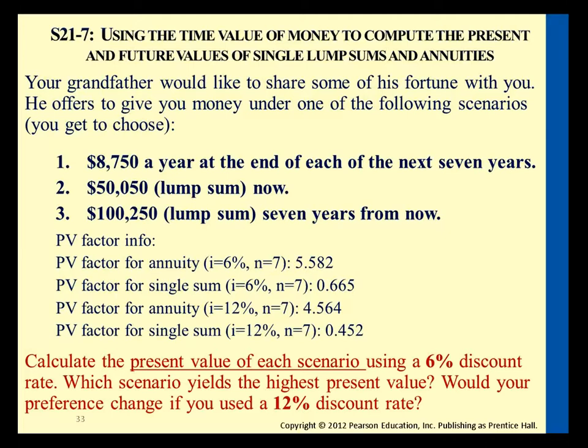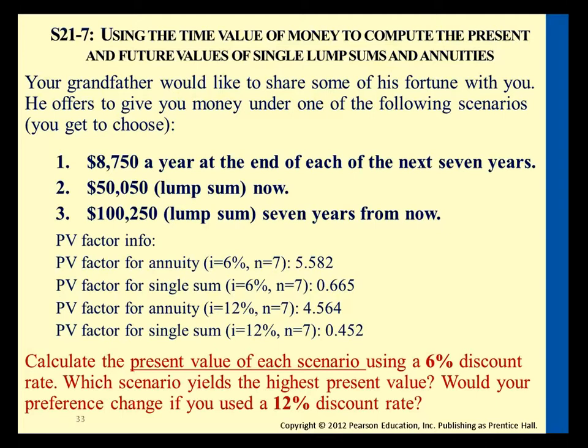So your grandfather would like to share some of his fortune with you. Okay, similar. So what he offers is to give you money under one of the following scenarios. Very similar problem. So the first one, he says that $8,750 is what you're going to get a year at the end of each of the next 7 years.